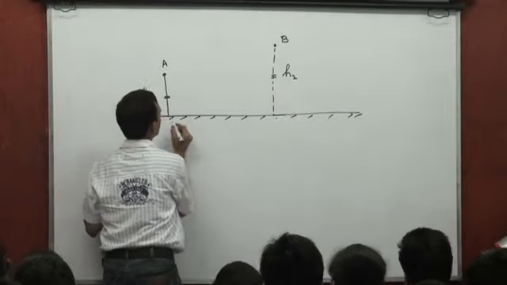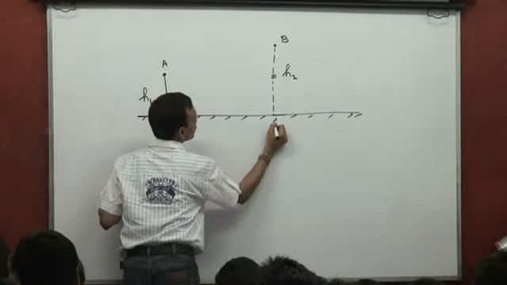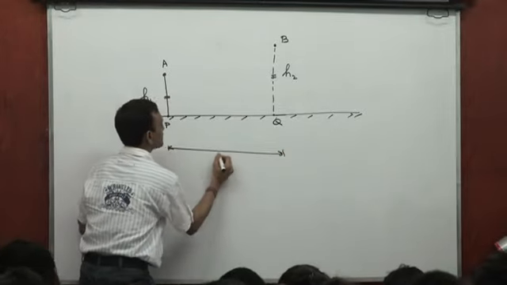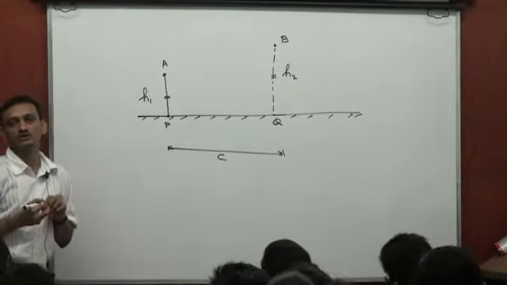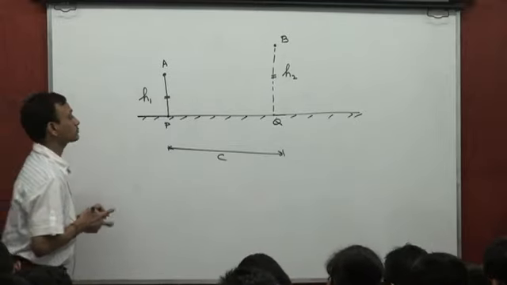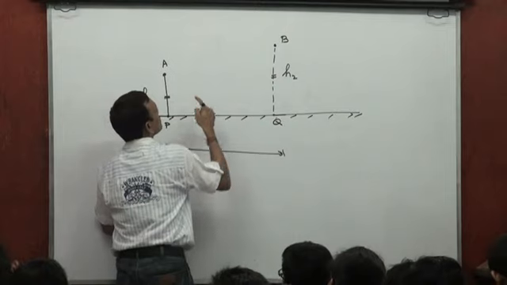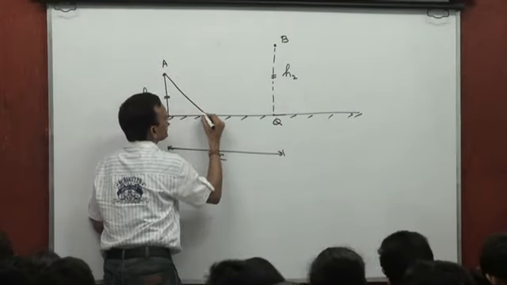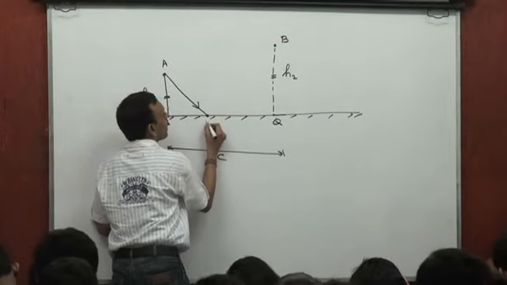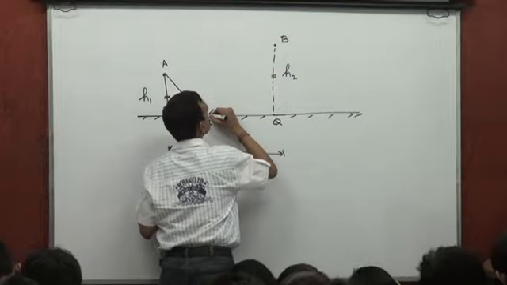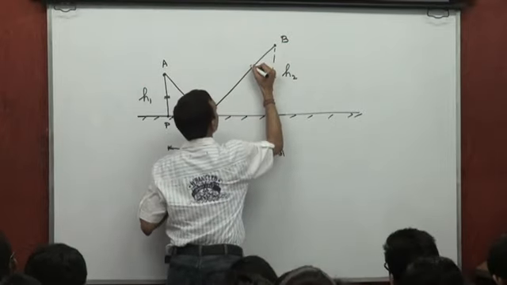The horizontal separation between A and B, PQ, is C. Horizontal separation between P and Q, call it C. Suppose, to go from A to B, the ray of light has to pay tribute to a certain point R, and then heads towards B.